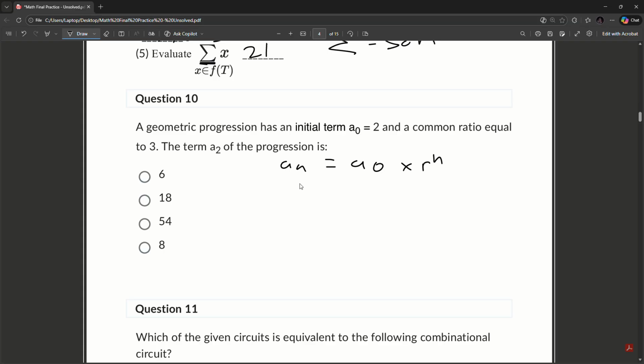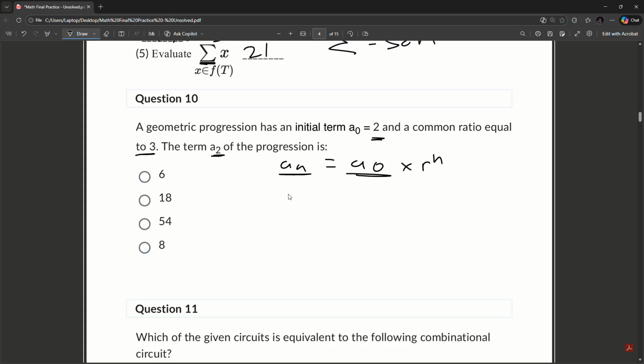What does this mean? a_n is basically what you want, right? a_0 is the first term, which is 2. r is the common ratio, which is 3. And then, of course, n is the term index, meaning which one do you want, which is number 2.